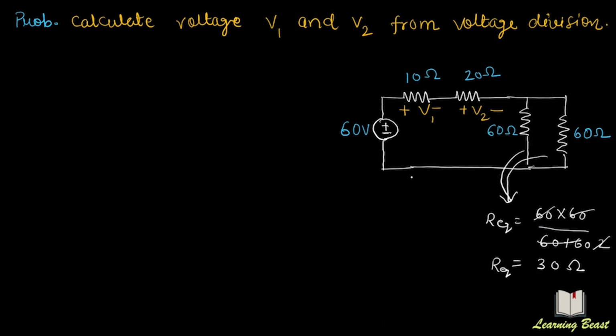So this circuit will be converted into a simpler circuit that will contain resistances 10 ohm, 20 ohm and 30 ohm. The circuit will appear like this. This is the 10 ohm resistance, this is 20 ohm, and this is the third resistor, which is the equivalent of the two 60 ohm resistances.